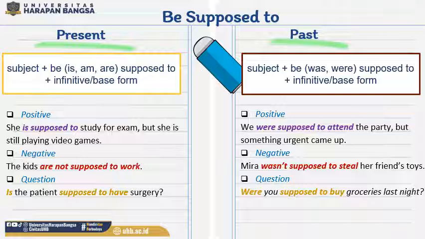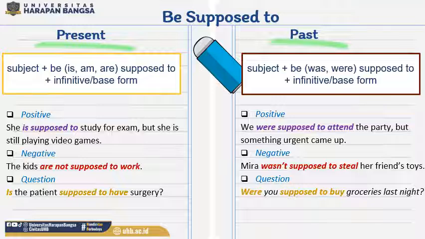Be-nya di sini yang kita pakai is, am, are, karena konteksnya adalah present. Untuk kalimat positifnya misalnya, she is supposed to study for exam, but she is still playing video games. Dia seharusnya belajar untuk ujian, tapi sekarang dia masih bermain video game.